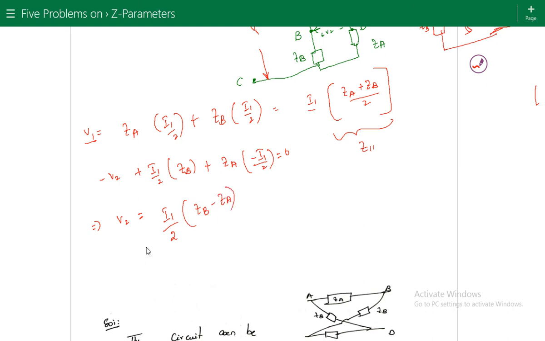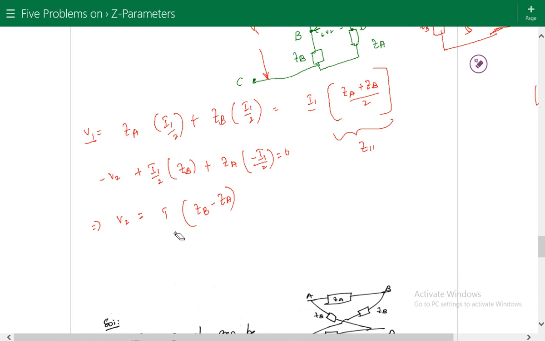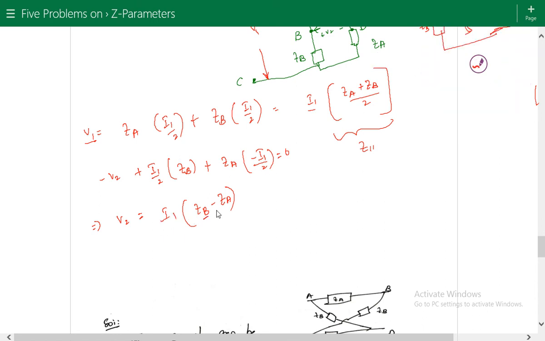Further, if I bring the minus 2 inside, what will I get? I1 by 2 into this. So what is this? This is Z21, by comparing with the standard equation.